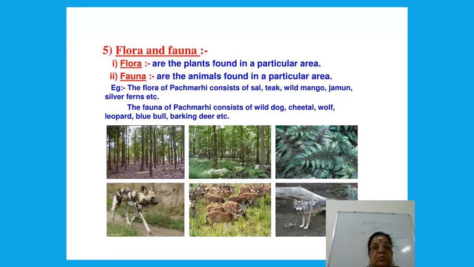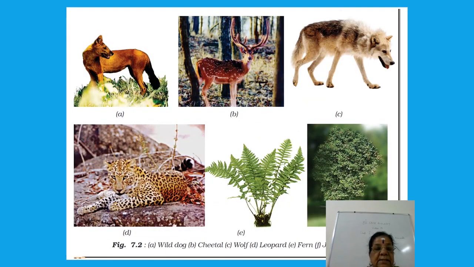Okay, the next one is our book diagram: wild dog, cheetah, wolf, leopard, fern and jamun. This is the jamun tree, and this is the fern. D is leopard, C is cheetah, B is wild, sorry, this is wild dog, this is cheetah, and one should be wolf.